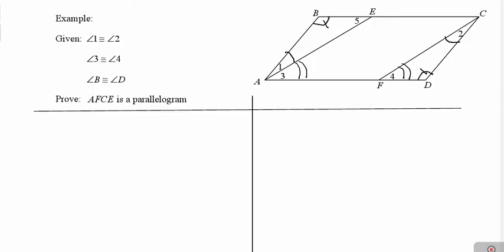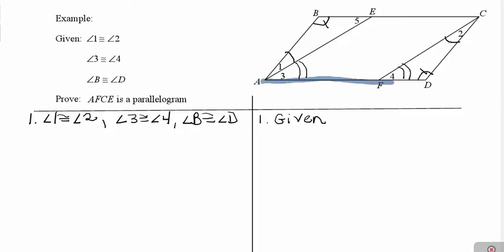So first thing I would do is just copy down the givens. Notice that angles 3 and 4 are corresponding angles. So if I highlight the transversal, which would be line AD, and then the lines that we can prove parallel are the ones that form the other side of angle 3 and 4, so AE and CF.